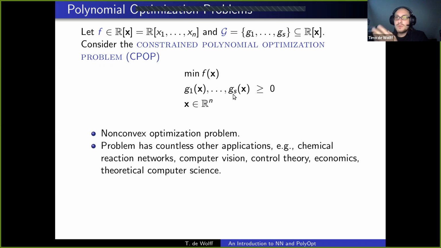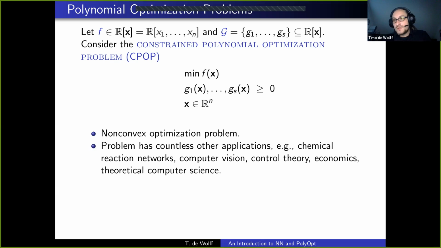And there are countless applications that can be written as a polynomial optimization problem. Here's a list of areas where these things appear. Of course, there are many more, but you can see here it touches various different fields. Now, you don't need to read this, you can see it for yourself. It's a little bit of an unfortunate combination, maybe, right? So we would really like to have a good idea about how to solve these problems.